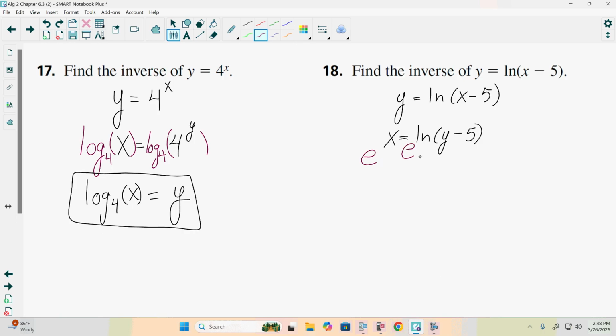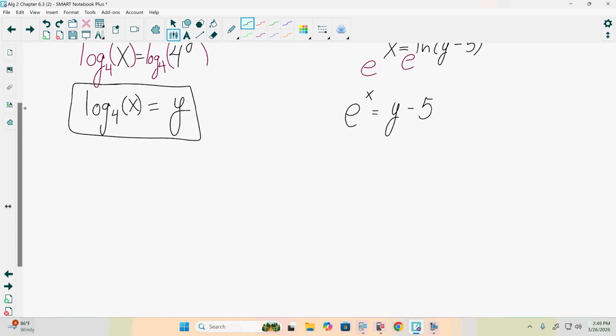So yes, we can put both sides to the base of e, and we would indeed get e to the x is equal to y minus 5. Now, since y is not by itself, we need to solve it, and we can do that by adding 5 to both sides, telling me y is equal to e to the x plus 5.